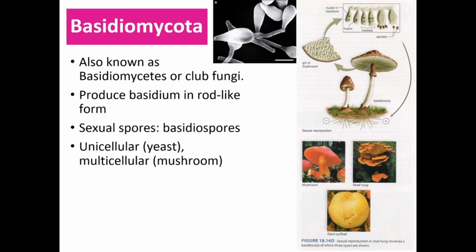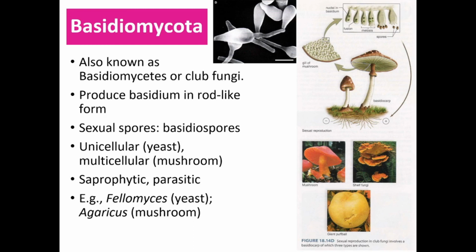They consist of unicellular organisms or even multicellular organisms. They live saprophytically and parasitically. Examples of Basidiomycota are Phalamyces, which is a unicellular organism, and Agaricus, which is a multicellular fungus.